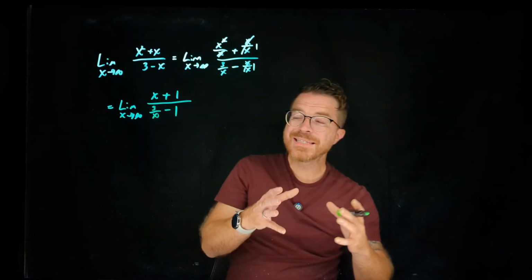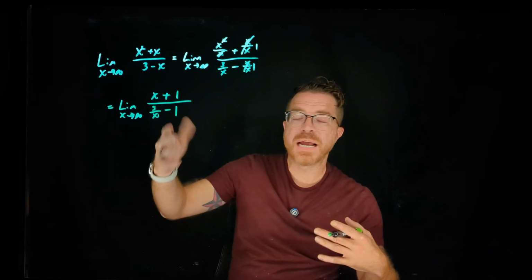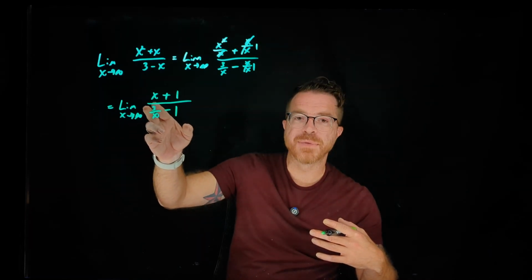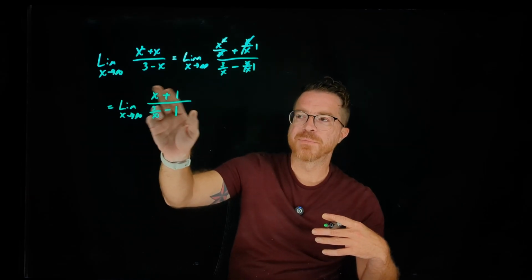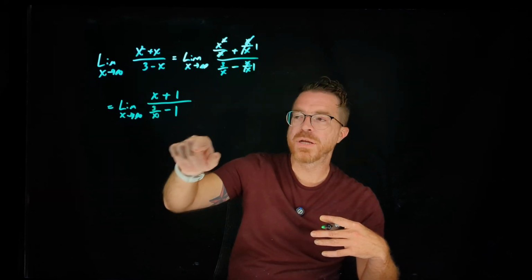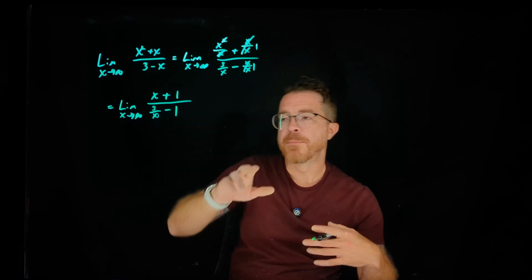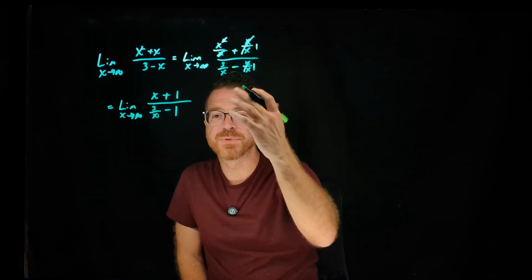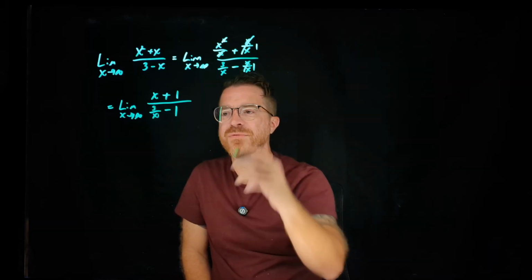And now with this, I actually could probably try plugging in infinity again and see what happens. So if I were to do this limit, really what's happening is it's the limit of the top over the limit of the bottom, which then this top becomes the limit of x plus the limit of 1, over the limit of 3 over x minus the limit of 1. So what's going to happen is these constants will stay constant. This is going to go to infinity, and this is going to go to 3 over infinity.